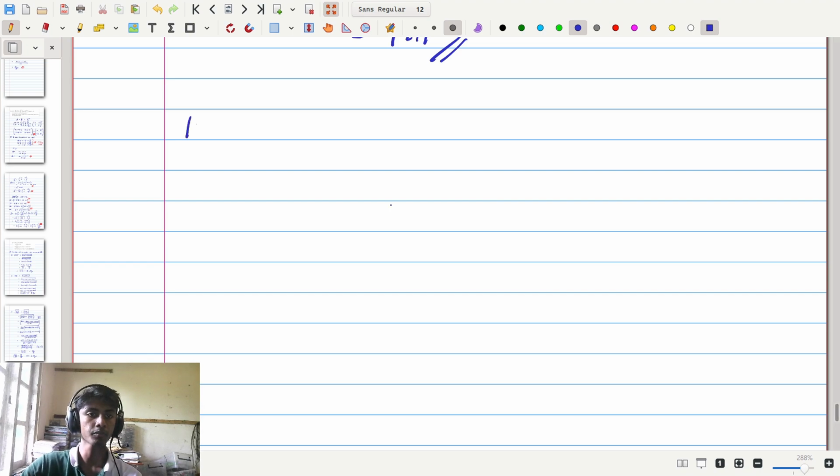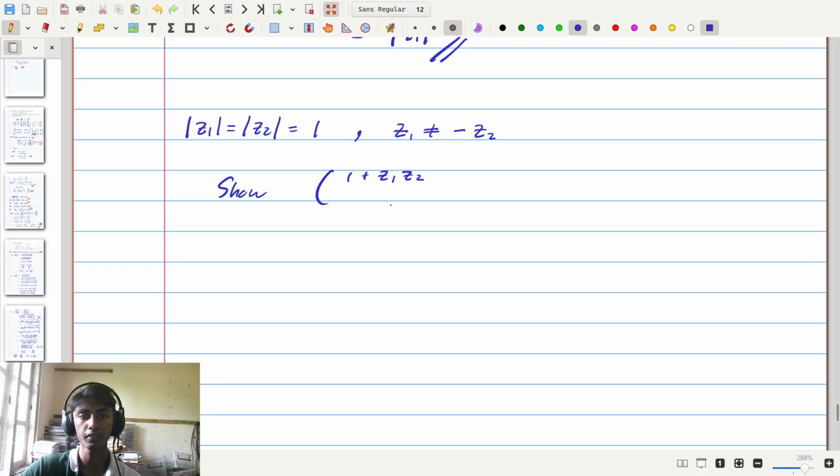So we are given modulus Z1 equals modulus Z2 equals 1, and we're also given Z1 not equal to negative Z2, and with this we have to show that (1 plus Z1 Z2) divided by (Z1 plus Z2) is real.